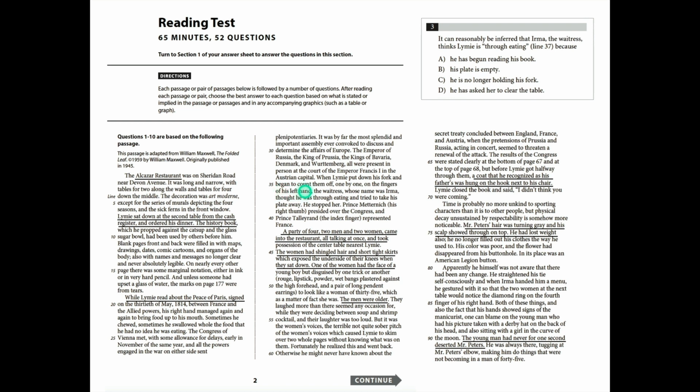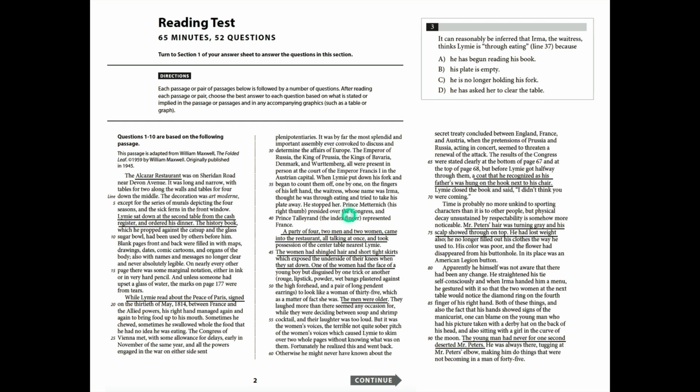So what we're going to do is go back to line 34 and read: "When Limey put down his fork and began to count them off one by one on the fingers of his left hand, the waitress, whose name was Irma, thought he was through eating and tried to take his plate away. He stopped her," and then yada, yada, yada, okay?